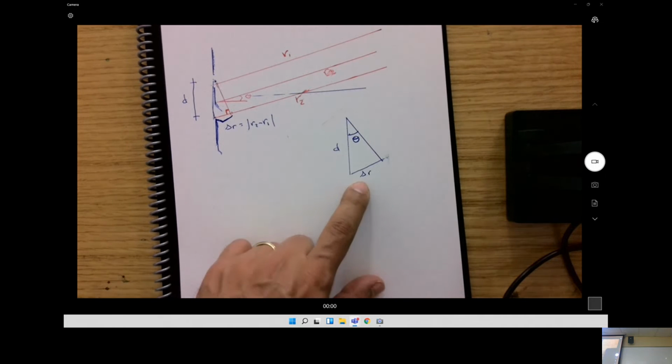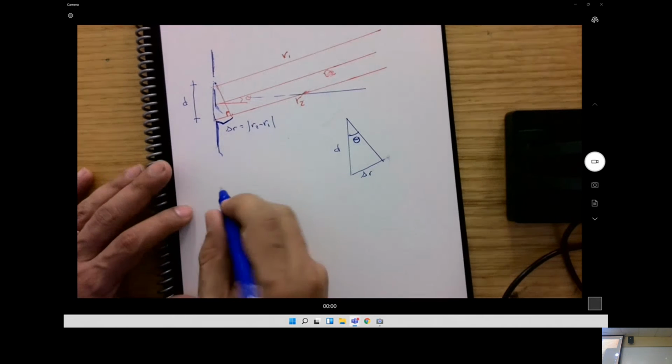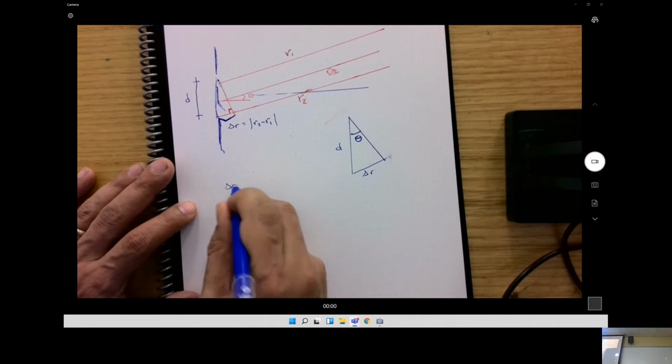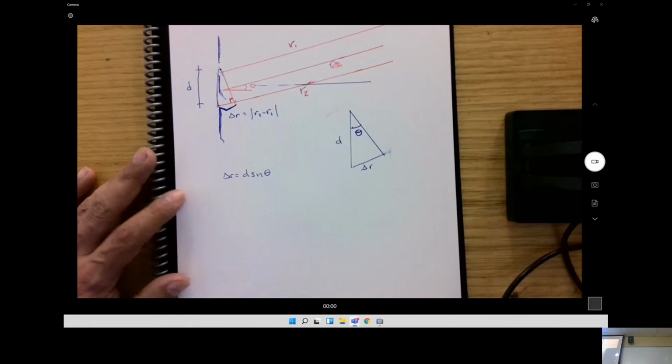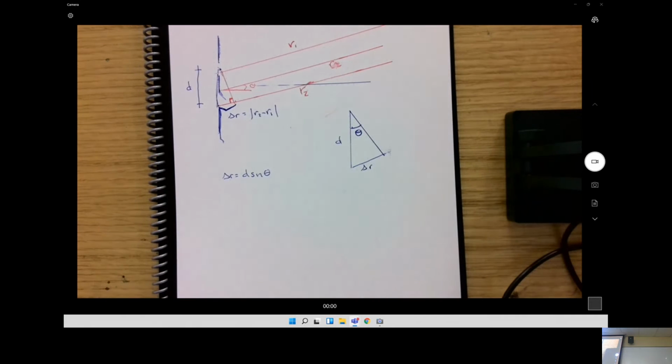Yeah, so now I can find delta R. I'm going to say, okay, this delta R is going to be D times sine of theta. All good?